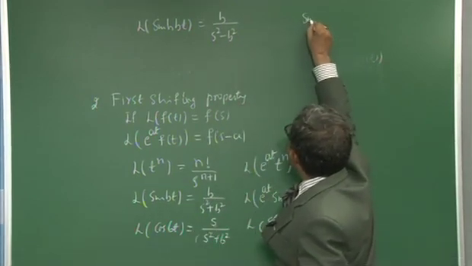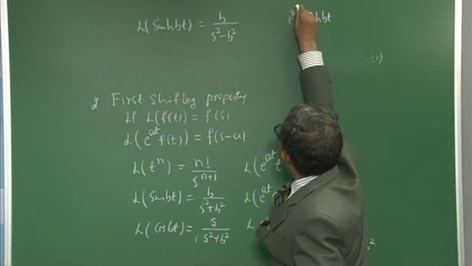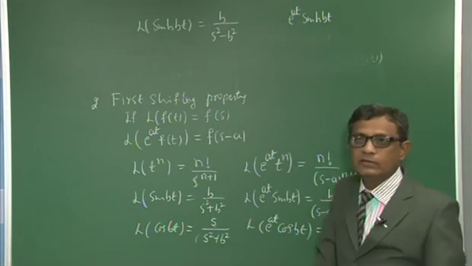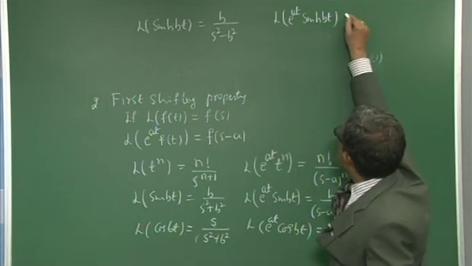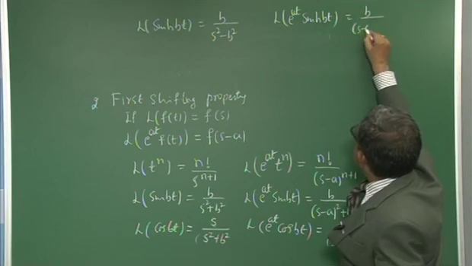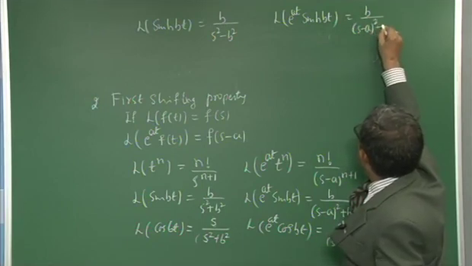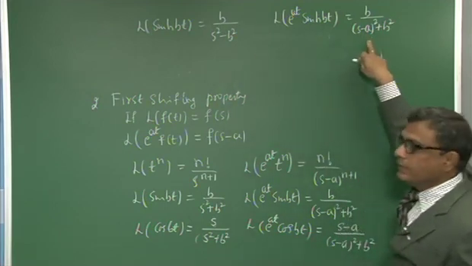Now, the function sin bt, if it is multiplied by the exponential function and you take its Laplace transform, now s changes to s minus a, giving b divided by (s minus a) whole square plus b square.